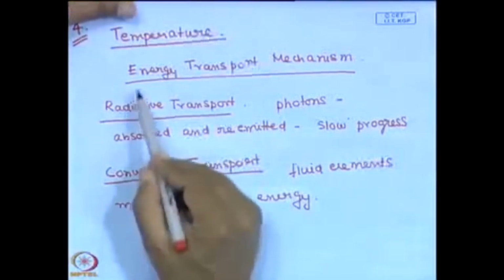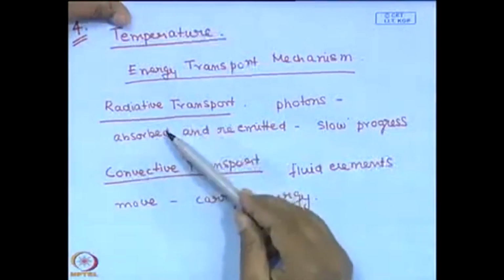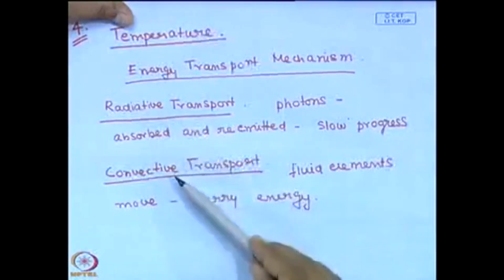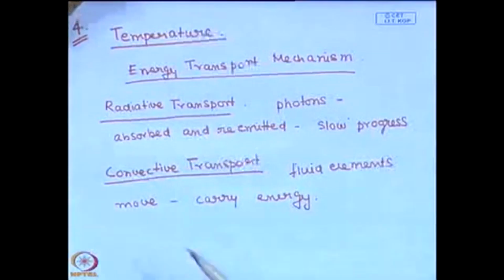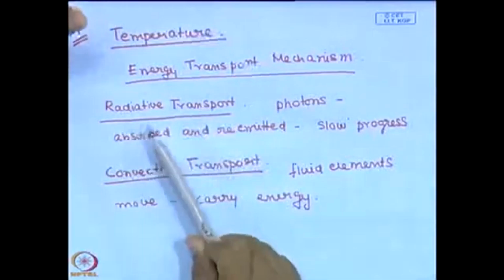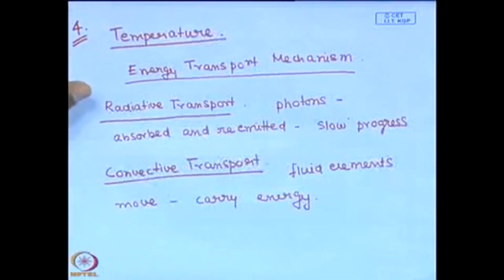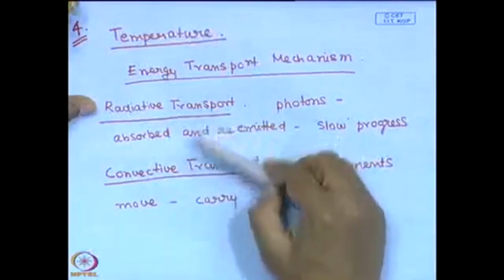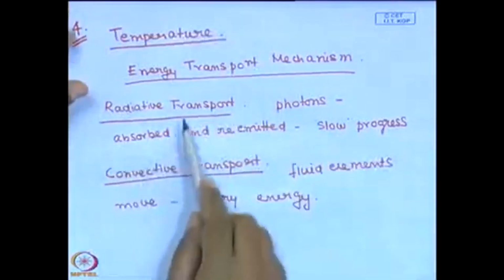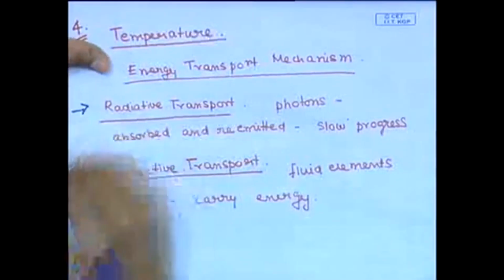And so the energy transport and the temperature distribution in the sun, the temperature gradients, are determined by which of these two processes is active. It depends on that. Okay, and you can have two possibilities. You can have the energy being transported through radiation, or you could have energy being transported by the motion of the fluid elements themselves. So there is a competition between these two mechanisms, and we shall discuss the criteria for when which one will be operational. Okay, but first let us just look at this.